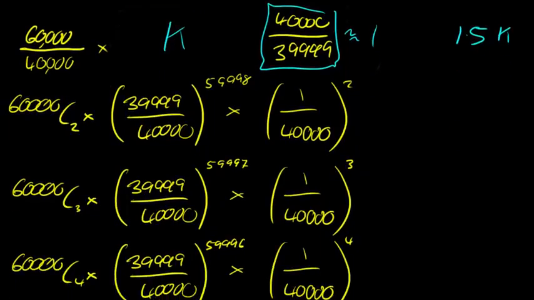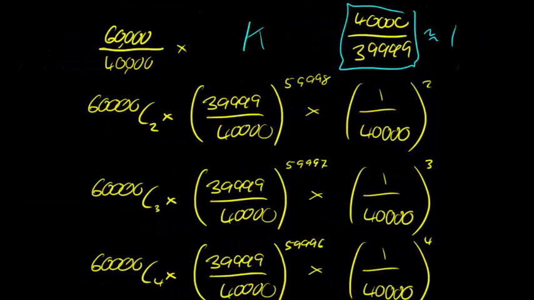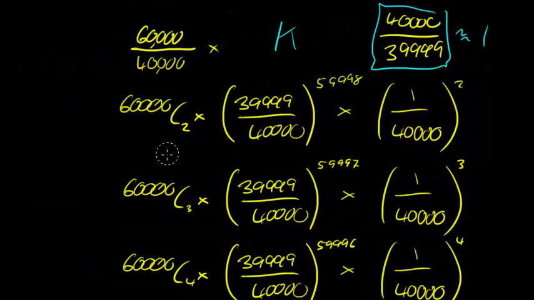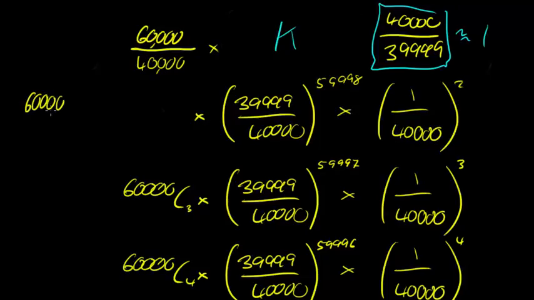My third number, and here's where it comes through again: 60,000 C2, well, that is 60,000 multiplied by 59,999 over 2 times 1.